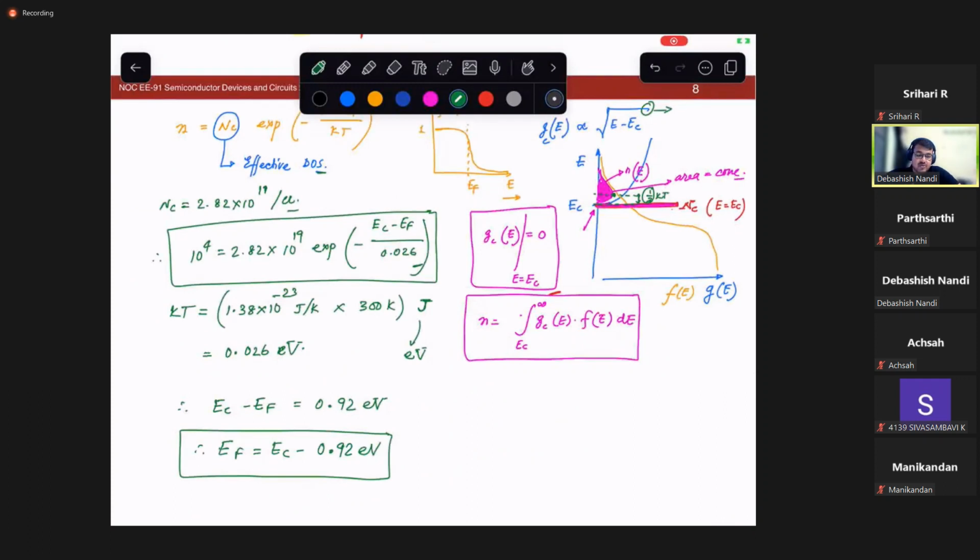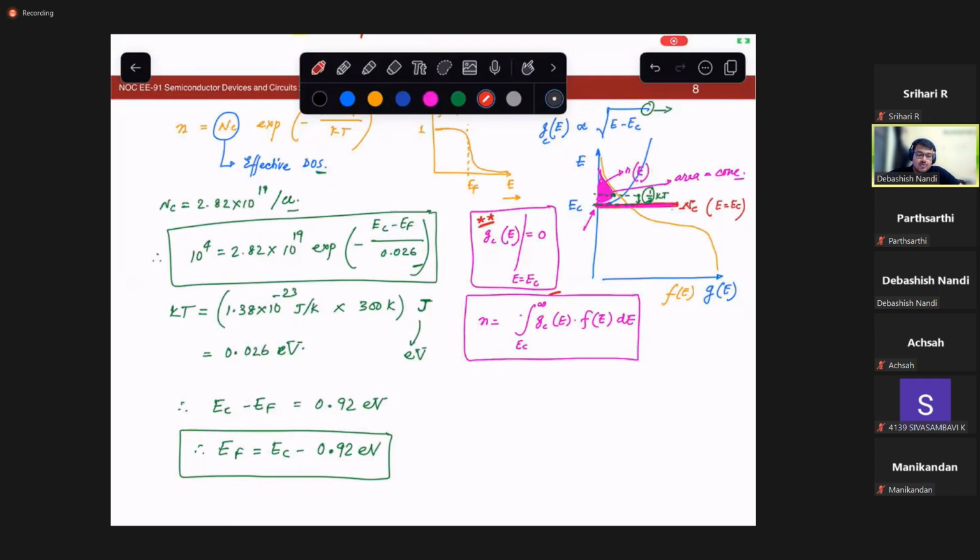Tell me if you have any question in this problem. This is a very important question. If you want to do your MTech or PhD in any higher education institution, most of the time they ask what the density of state of electron at the conduction band edge is.